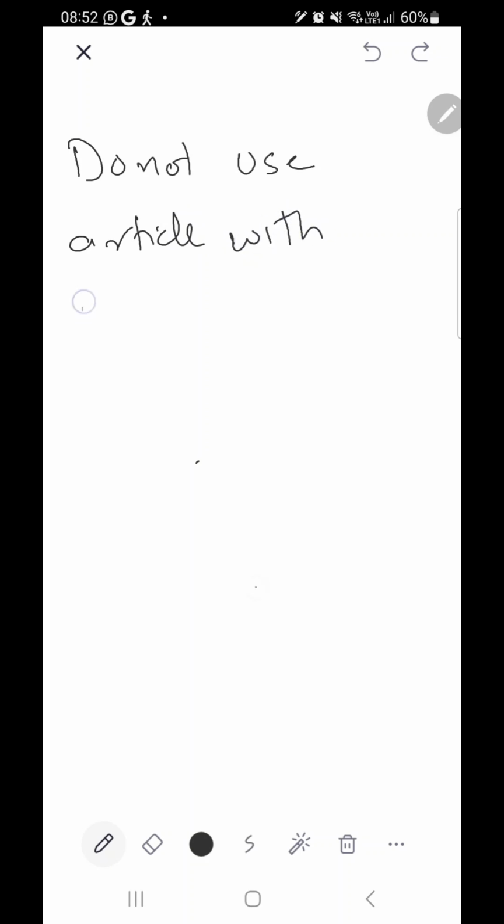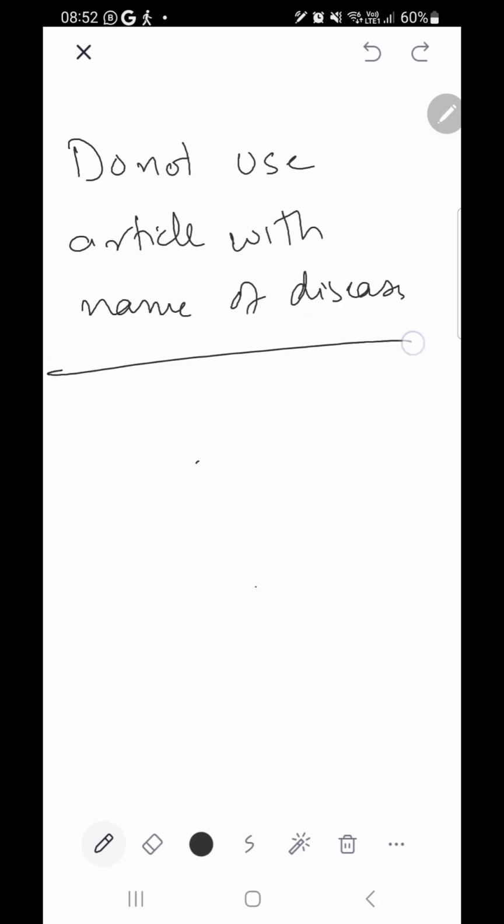Name of the diseases, let's say: do not use an article with the name of a disease, such as cancer, Parkinson, Alzheimer, Bell palsy. No need to use any article before that. Words like same and similar, we use the article with that: he presented with the similar complaint, right?